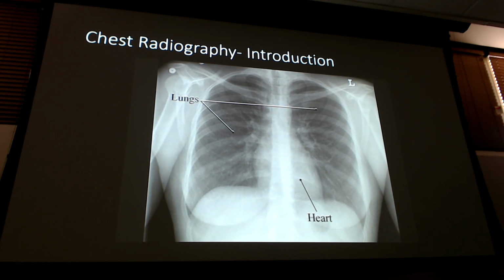Lungs and heart. Easiest slide of the whole block. Right? But you can go back to this one to practice counting ribs, to practice seeing what normal looks like, to practice looking at the diaphragm a little bit, looking at the clavicles, finding the carina, right?